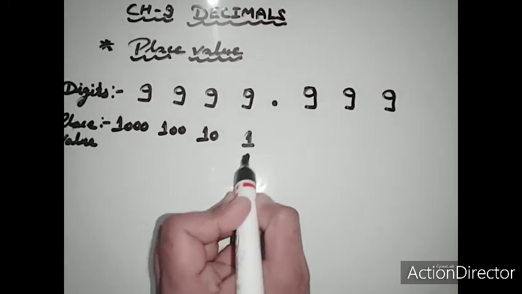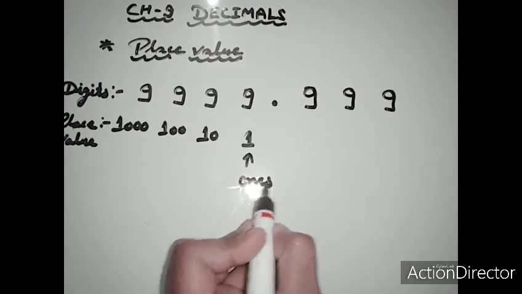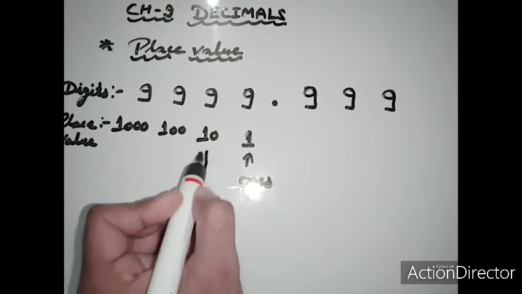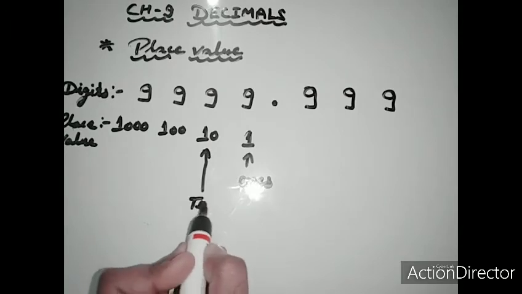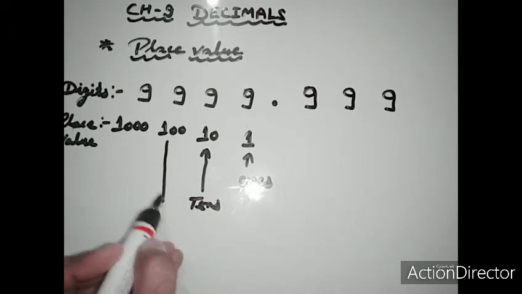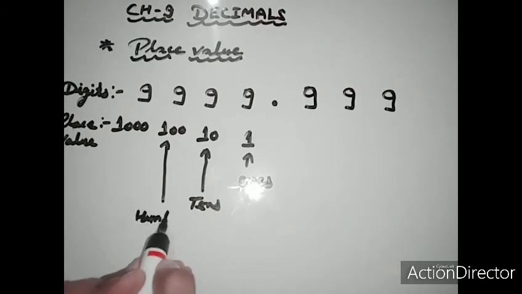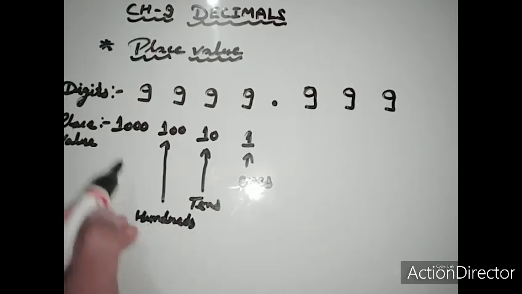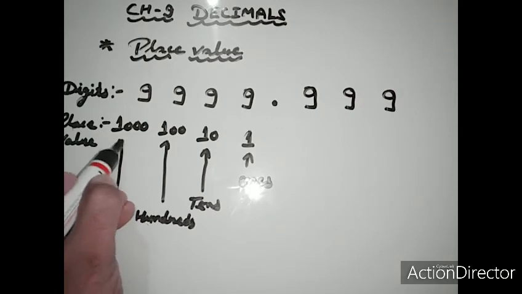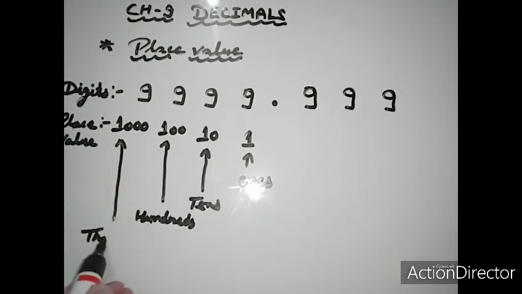Now here we write ones, tens, hundreds, thousands, right?